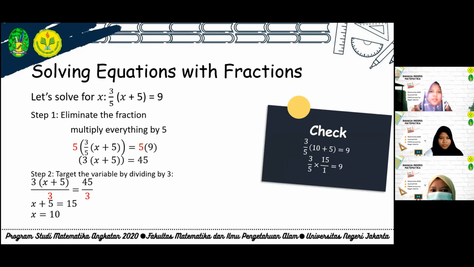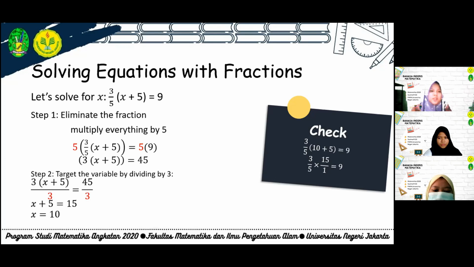Solving equations with fractions. Let's solve for x. 3/5 is multiplied by the sum of x plus 5 equals 9. Step 1. Eliminate the fraction. Multiply everything by 5. 5 multiplied by 3/5 multiplied by the sum of x plus 5 equals 5 multiplied by 9. 3 multiplied by the sum of x plus 5 equals 45.